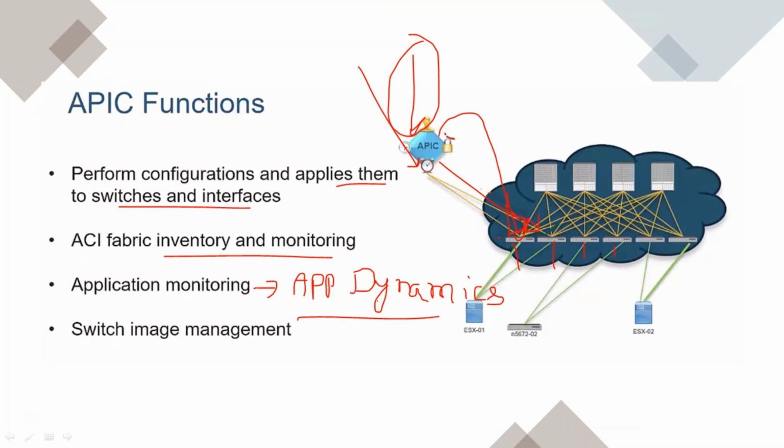So basically it will tell you at the application level as well: this is the application you are hosting on this ESXi, what are the packets or application data, what the users like about that application, and which feature of that app the users like most. All those analytics it also does, and you can integrate it with the APIC.